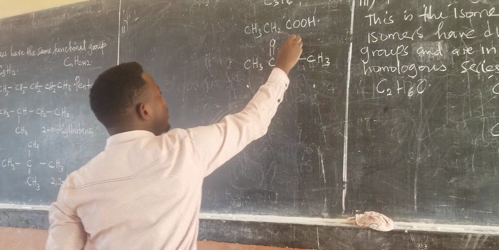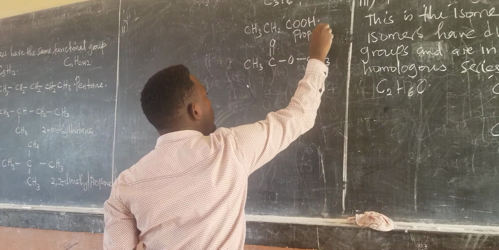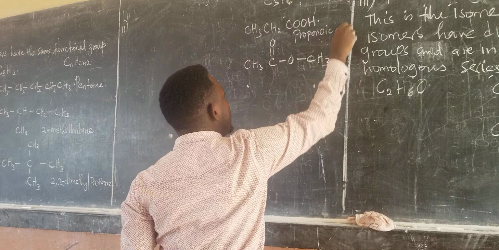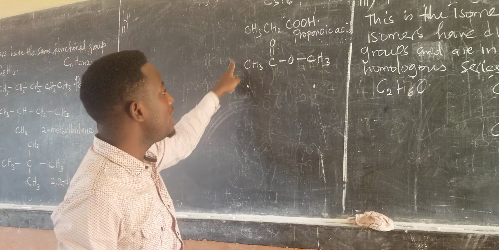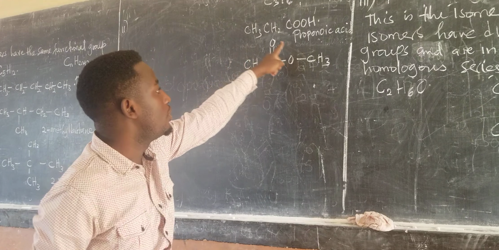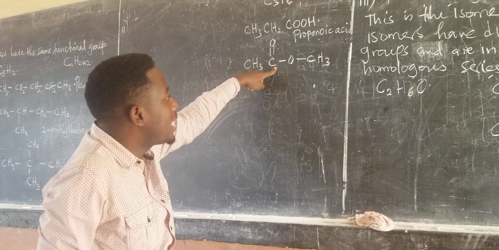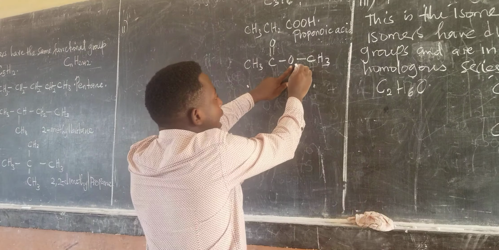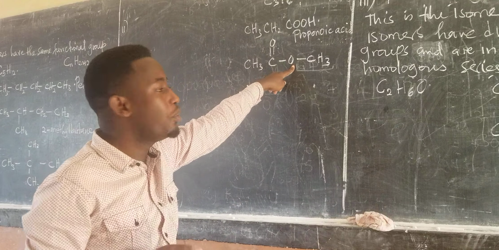So this one is called propanoic acid. But when you look at this one, it is a derivative of a carboxylic acid. It's just that one of the hydrogens has been replaced by a methyl group.